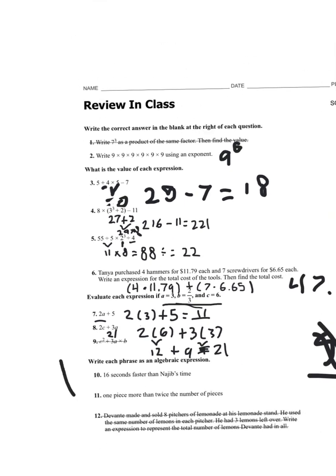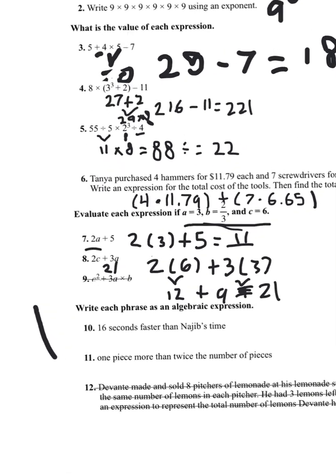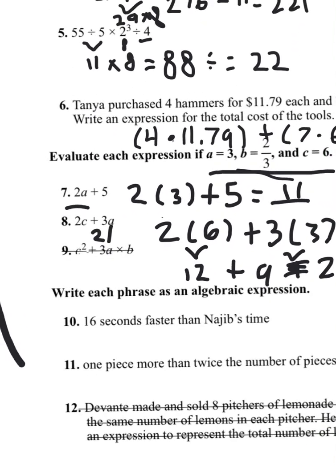So now with writing the phrases for algebraic expressions, down here we have 16 seconds faster than Najib's time. So for this, I'm going to use n for my variable. So we have n, and then minus because the time is 16 seconds faster.